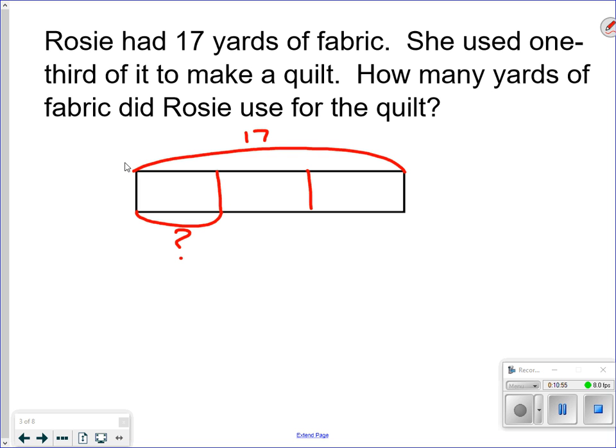I mean, 3 will go into 17, but not evenly. So your answer is going to be a mixed fraction.